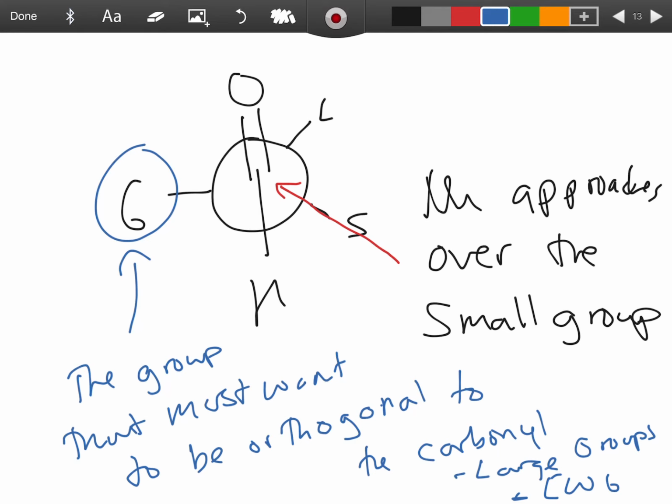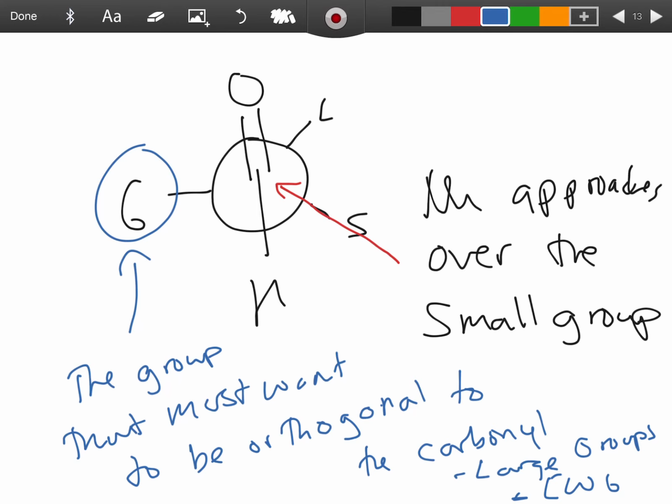If there's a mixture, you're going to get a mixture of products. So on the slide, I drew out both, right? Because you can set it up where your L group is perpendicular and you go over this hydrogen, just like we wanted.